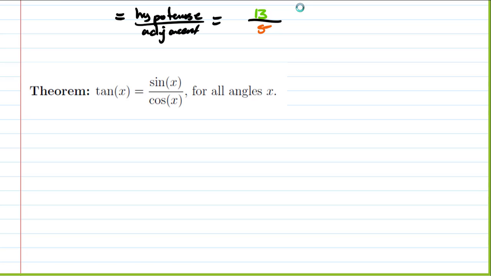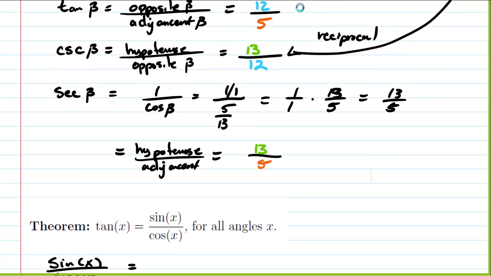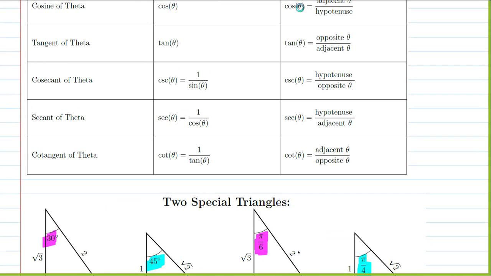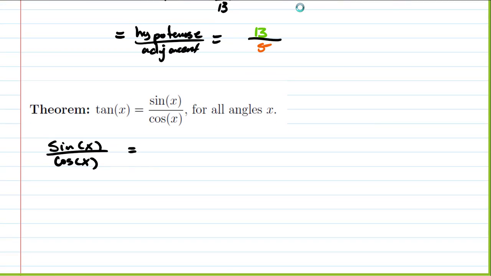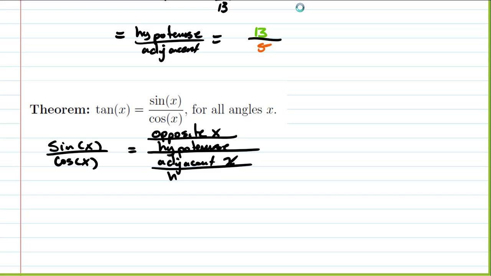Let's start with sine x over cosine x, which would then equal, well, sine, by definition, is opposite over hypotenuse. And cosine, by definition, is adjacent over hypotenuse.